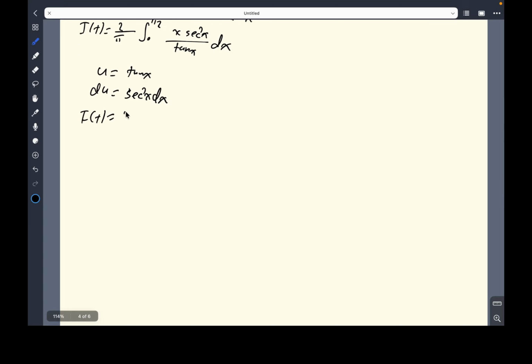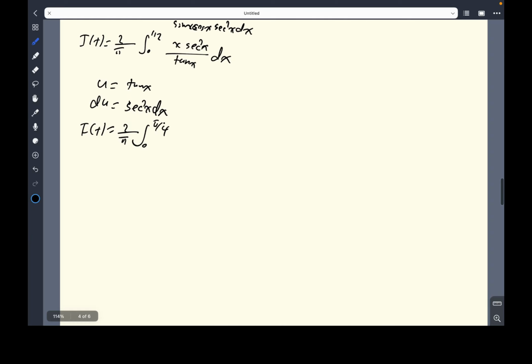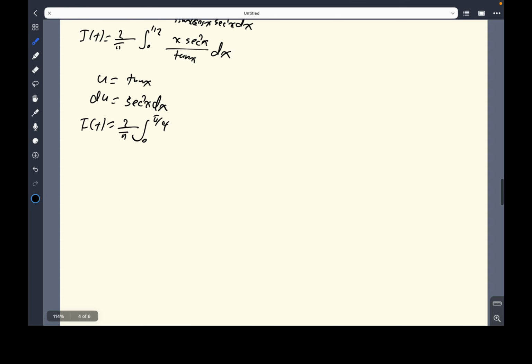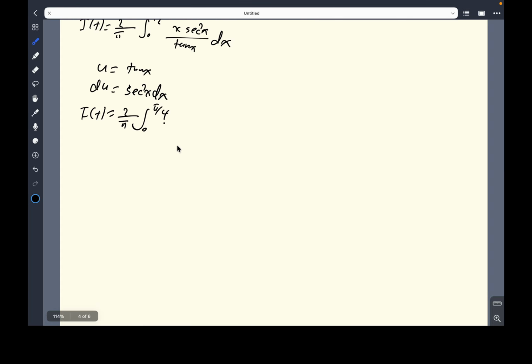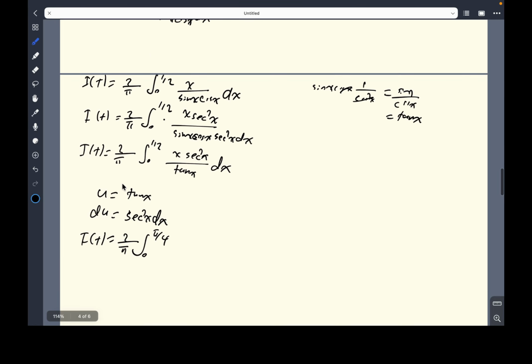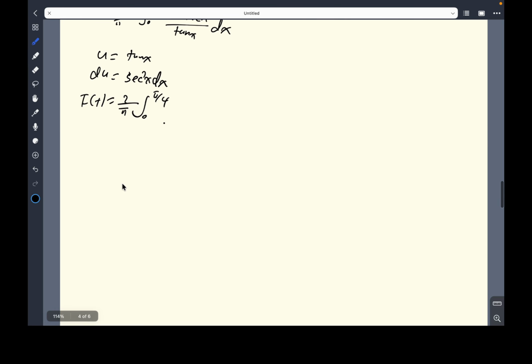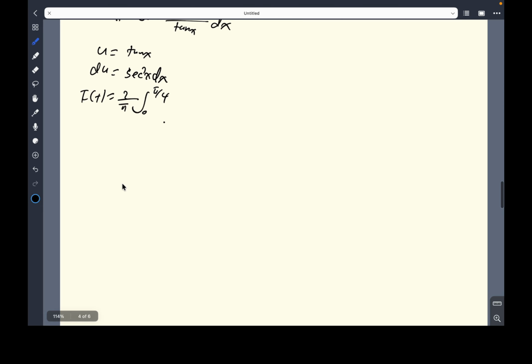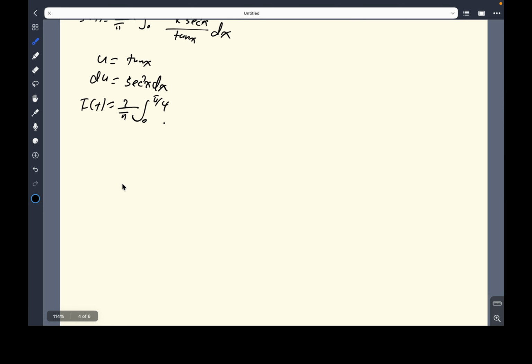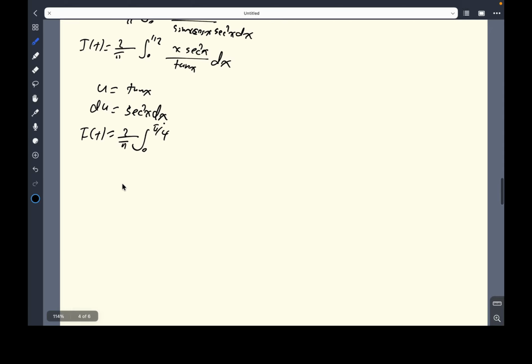Thus, I of t is 2 over pi from 0 to pi over 4, if you do all this bound changing here, because we gotta keep an eye out on the bound changes. I almost made a mistake in the previous bound change, but if you are careful, you would avoid those kinds of mistakes. So now, where were we?